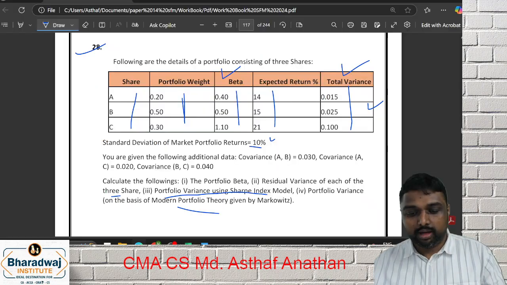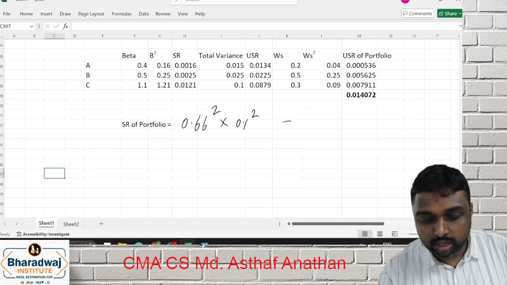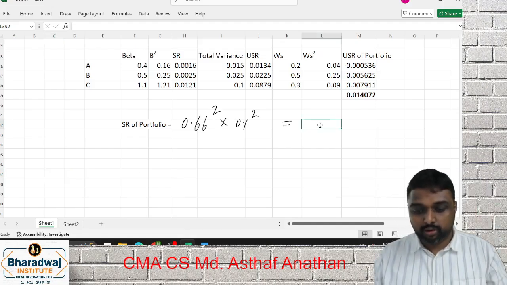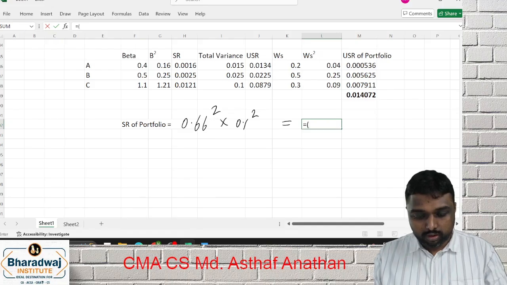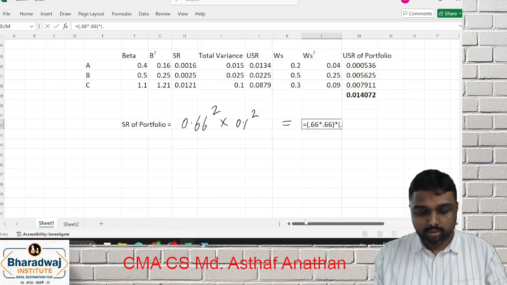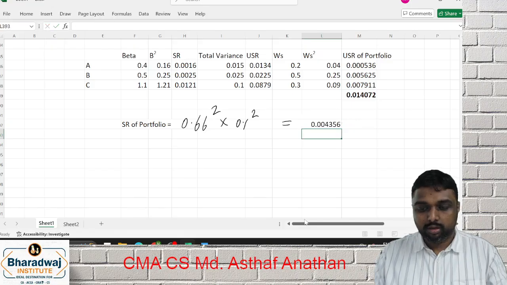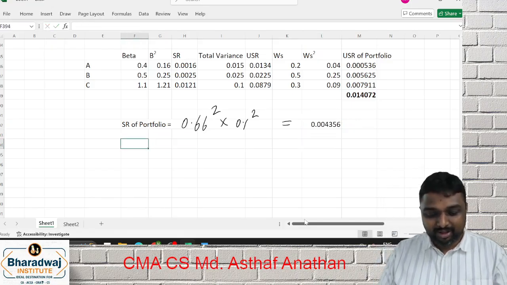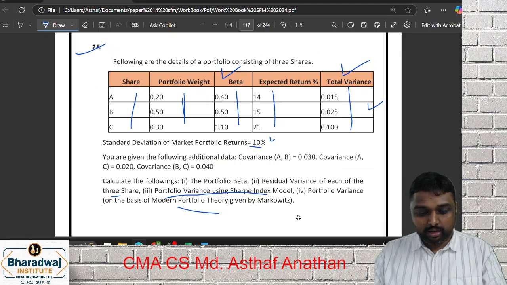If you do this, can anyone tell what is the systematic risk of the portfolio? 0.66 into 0.04. Small decimal will be there. Now you are getting your final answer.